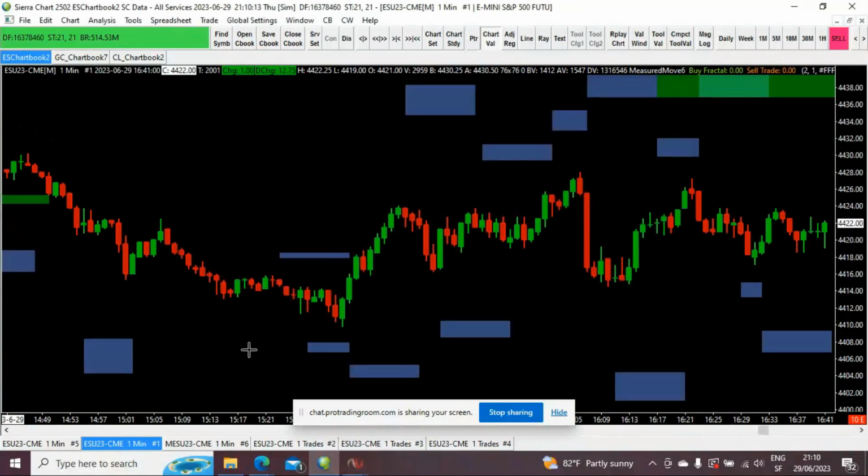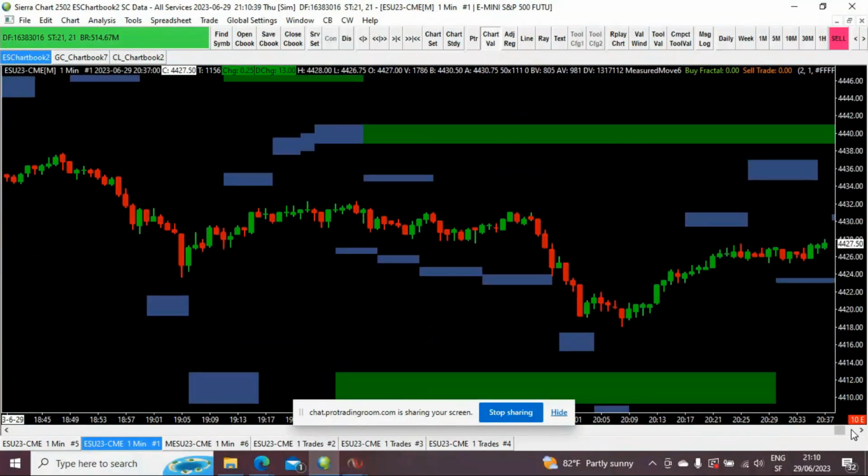Now, measured move is an indicator that was specified with Ray, and it's basically related to the classes he does on market structure. And as you can see, it prints a number of different colored boxes on the chart.